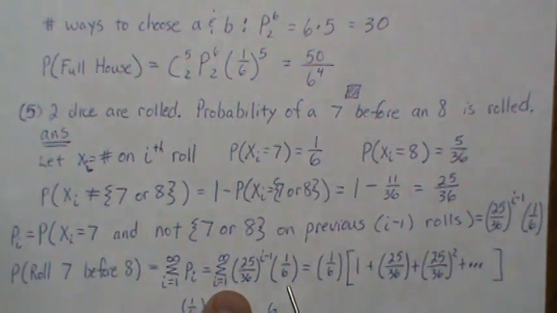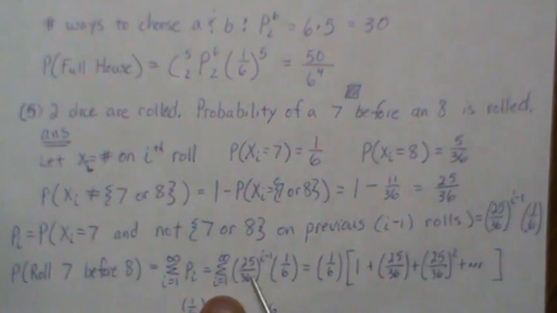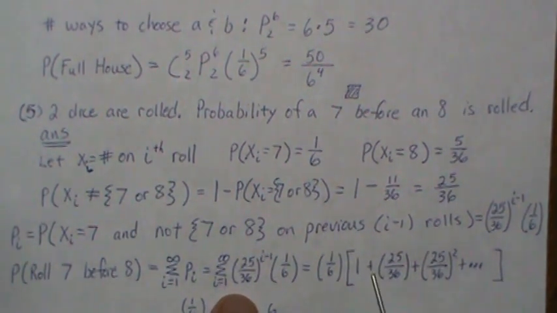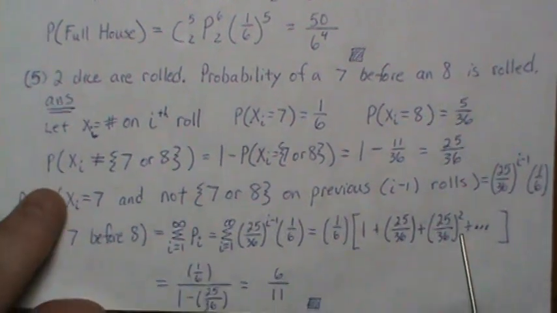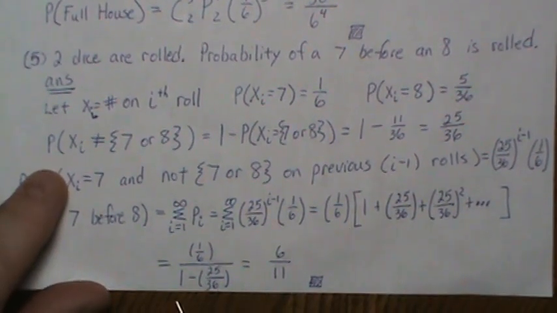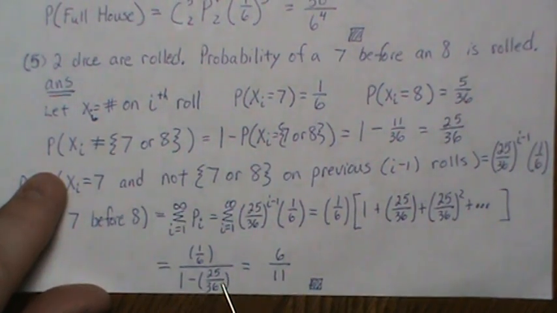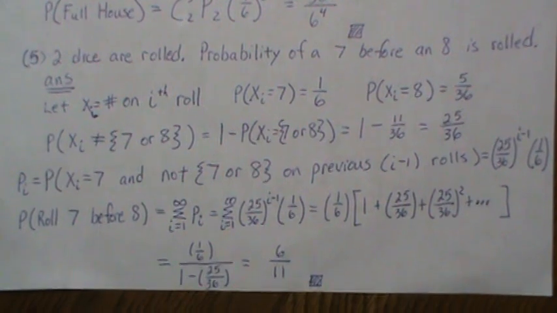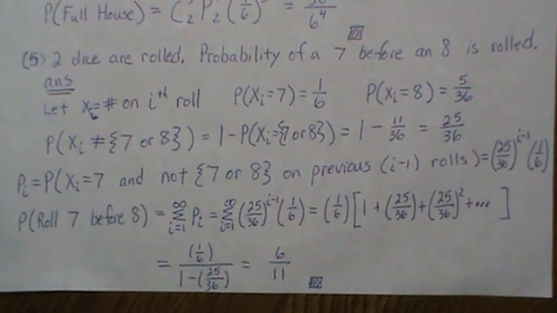But if we factor out the 1/6 and then enumerate these, we get this, which is a geometric series. And this converges to 1/6 times 1 over 1 minus 25 over 36, which then simplifies to 6 over 11.